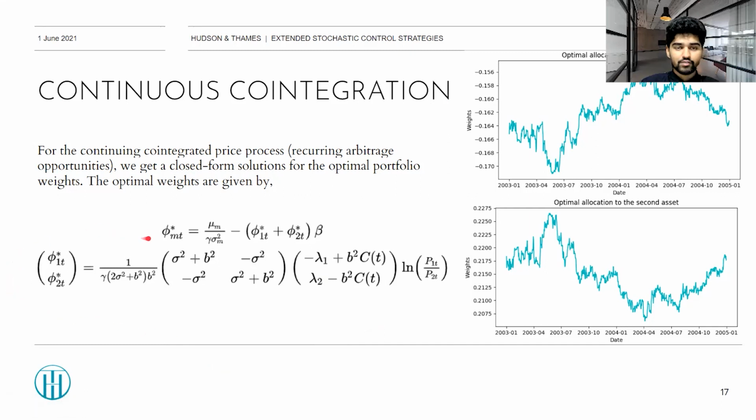The first equation gives us the optimal portfolio weights for the market index, and the second equation calculates the optimal portfolio weights for the first and second risky assets in our portfolio. The plots on the right hand side give us the optimal portfolio weights for the first and second asset, calculated on the Shell and Royal Dutch Petroleum pair of stocks from January 2003 to January 2005.